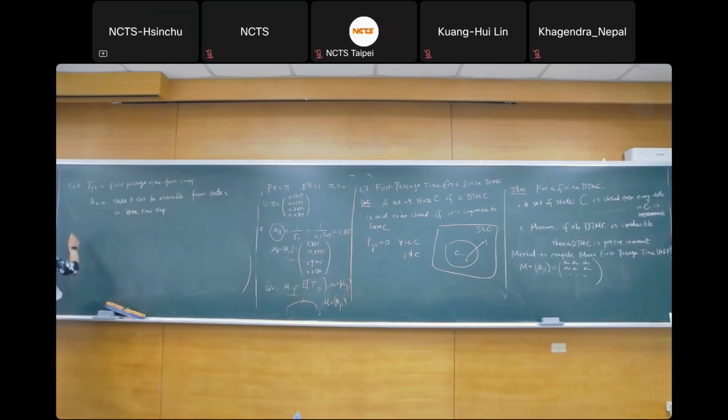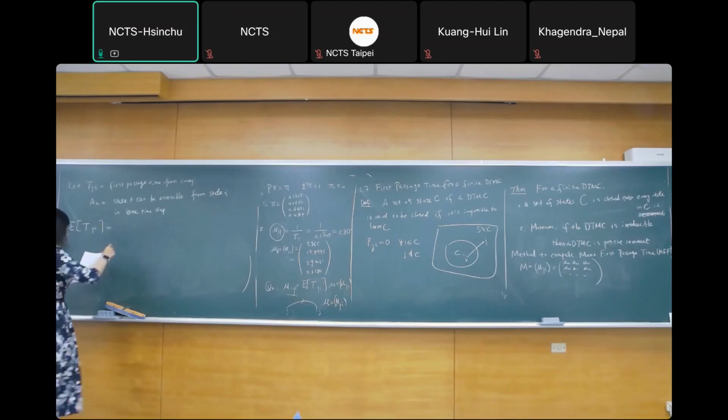So let's do this. You are trying to calculate mu ji. This is an expected value, the mean of the first passage time. And of course, if you're lucky, you could possibly do this in one step.